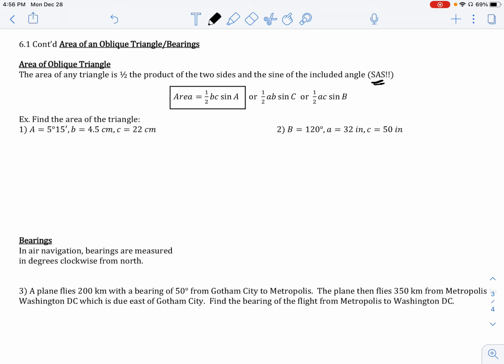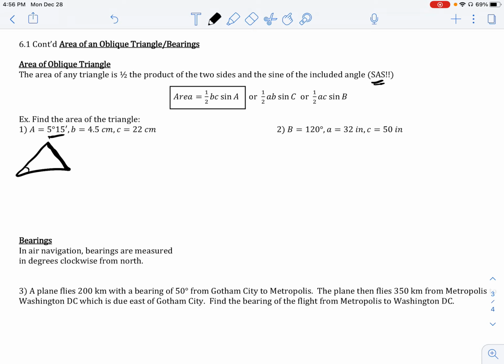So here's a really quick and basic example of this. If you were given the triangle, and I'm just going to draw this arbitrary triangle here, not saying that this is actually how it looks, but this angle here being 5 degrees and 15 minutes. If you remember early on when we discussed angle measurement, you can use your calculator and change from your classic mode to DMS, or degrees, minutes, seconds mode.